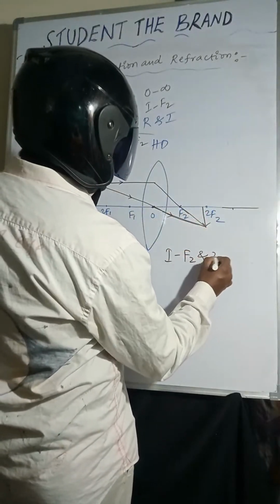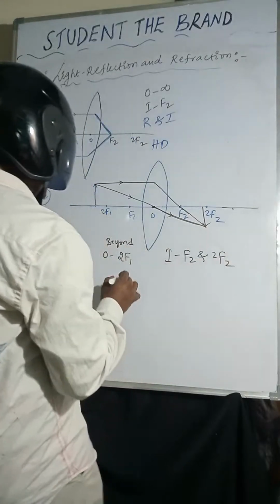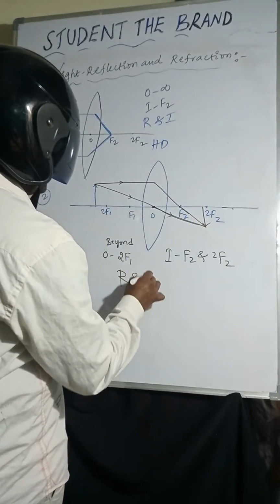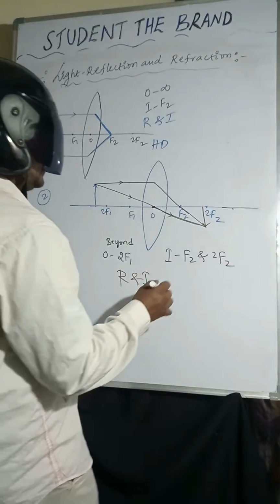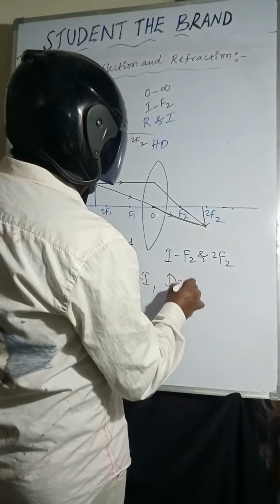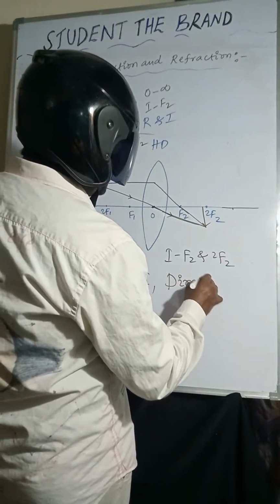Second case only, right? Nature of the image is real and inverted, and the size of the image is diminished.